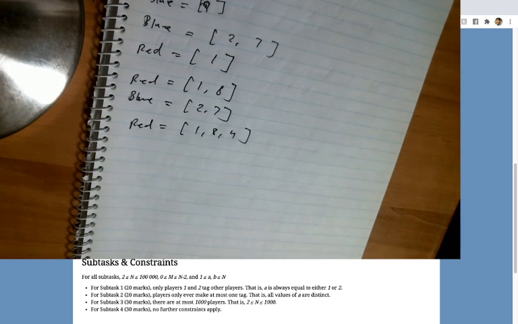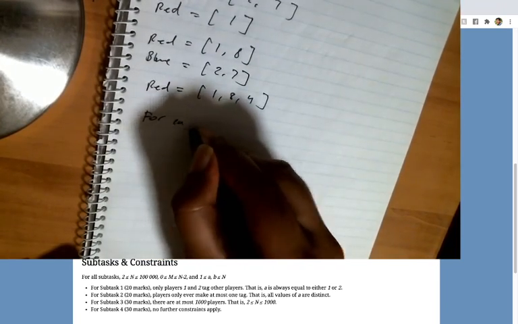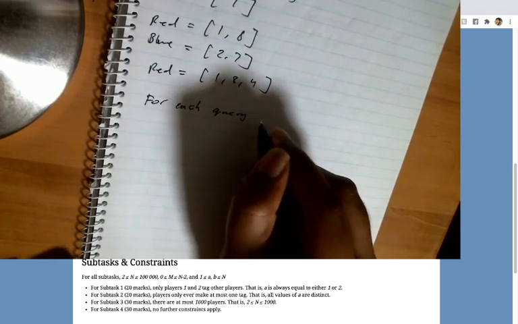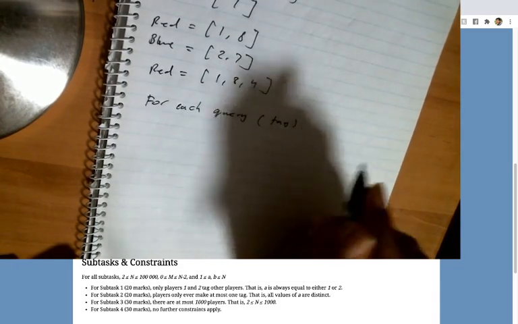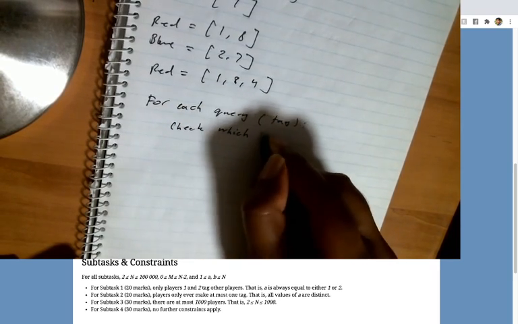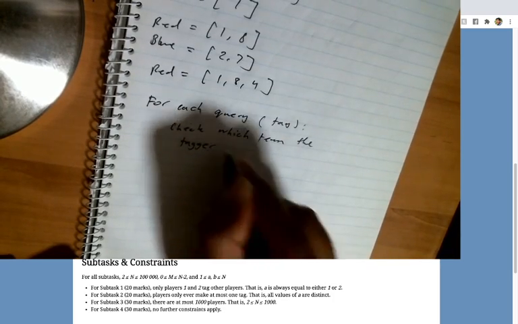How do we find that out? Well, it seems like the only way we can find that out is if we go through the entire list. So what this means is for each query, essentially a tag, we check which team the tagger is on.